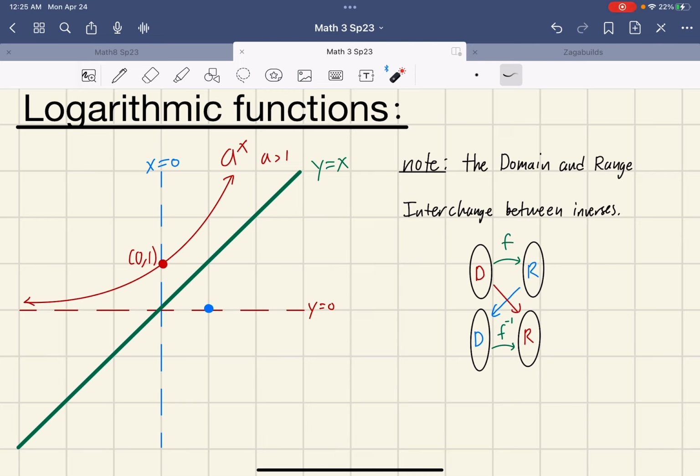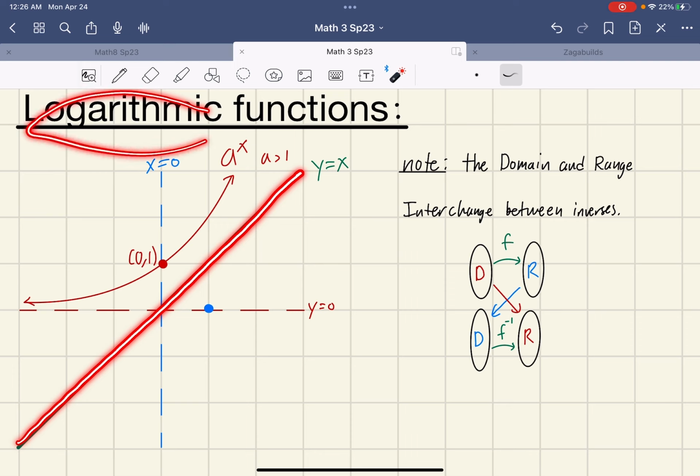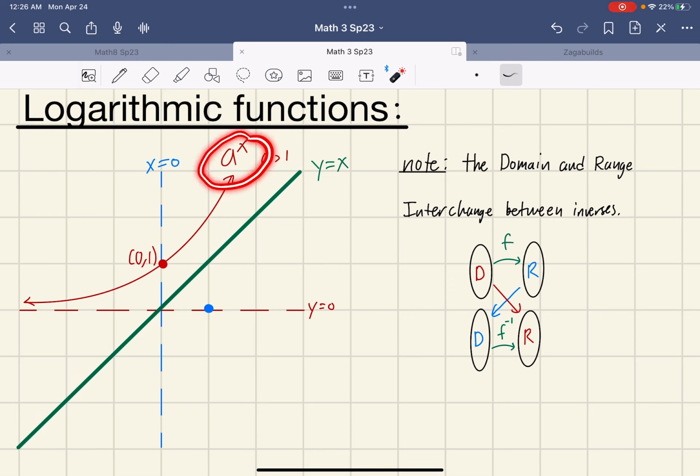It never goes completely horizontal. It just keeps getting closer and closer to that horizontal asymptote. Now, we did just say for functions to be inverses of each other, they need to be symmetric over this y equals x line. So if a logarithm is the inverse of an exponential, then they should have symmetry over this line. And if they do, then this is the way a logarithm would have to look.